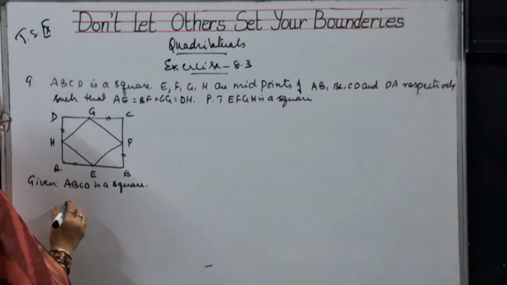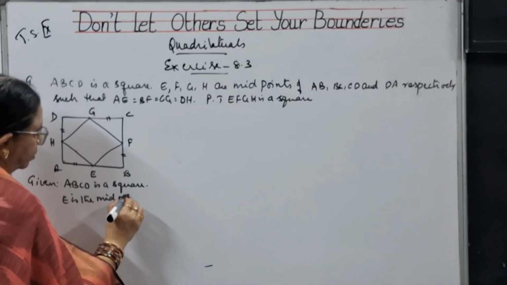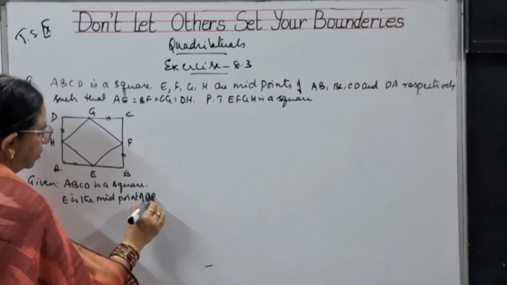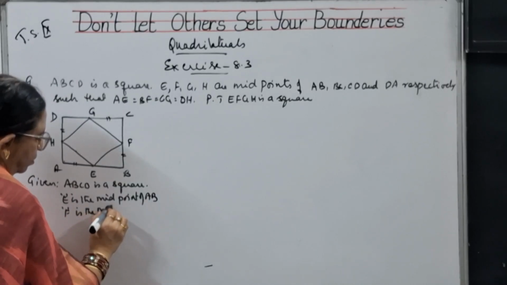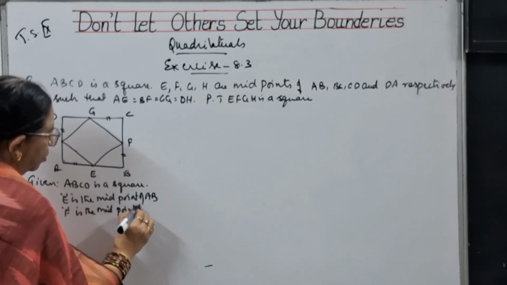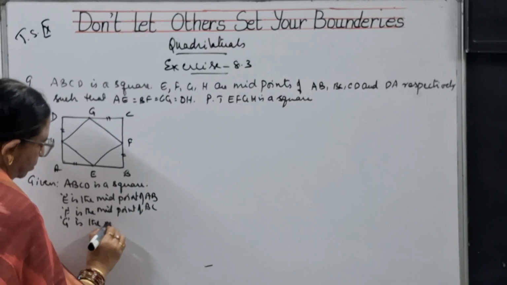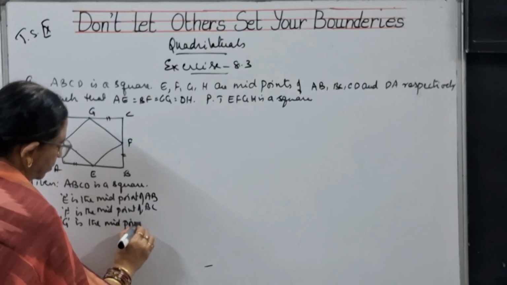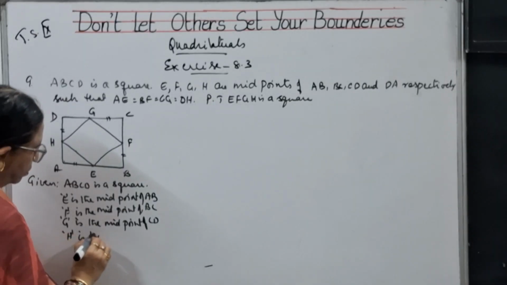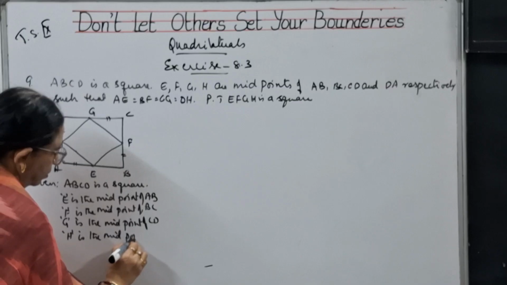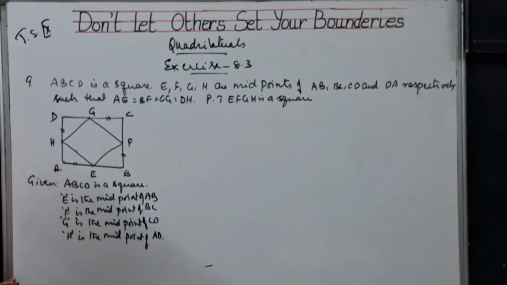And also they have given that E is the midpoint of AB, F is the midpoint of BC, G is the midpoint of CD, H is the midpoint of AD. This is given to us.